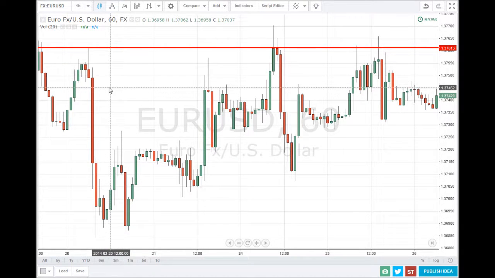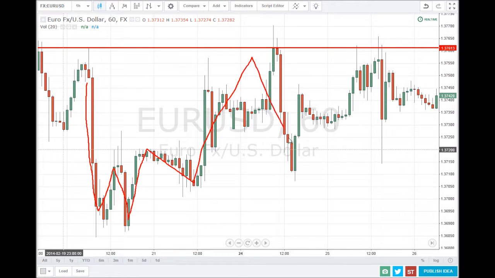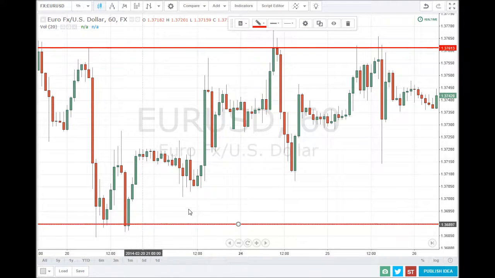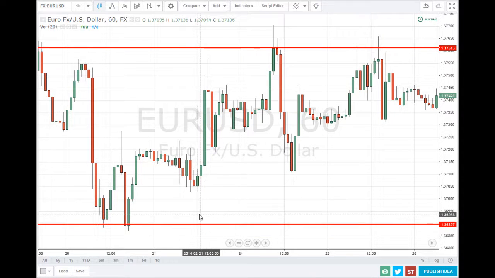Another horizontal level would be this area down the bottom. Price is falling heavily on the downside, and then we get this double bottom and price reverses. So price comes down, we have this double bottom, and then we start this clear uptrend. So let's mark that horizontal level like so.